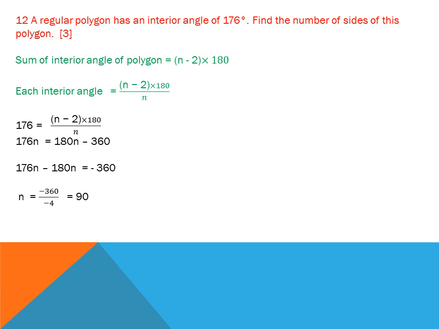So n is equal to minus 360 over minus 4, because minus 4 is multiplied by n and on the other side it will be divided. Finally I find that this regular polygon has 90 sides.